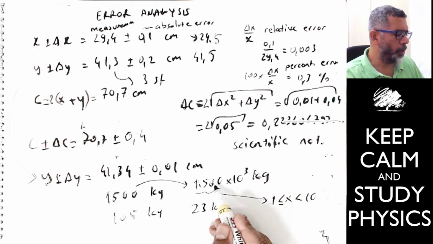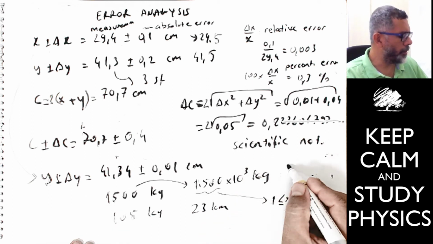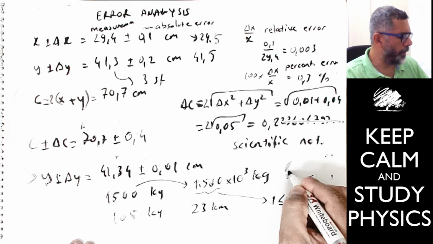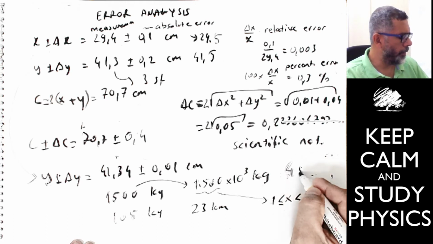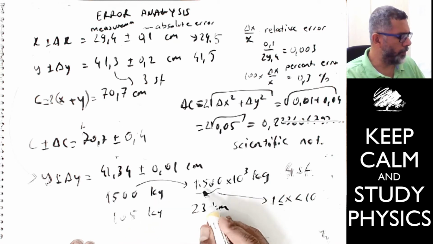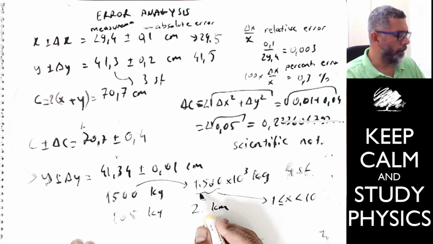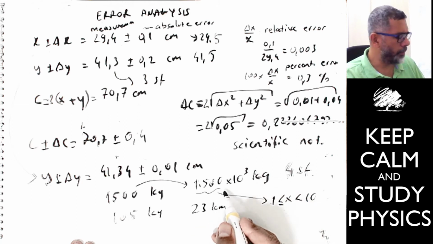Just count all the digits as significant. So in that case, this has 4 sig figs, right? This writing of 1500 kilograms as 1.500 times 10 to the 3 kilograms means your measurement has 4 significant figures.